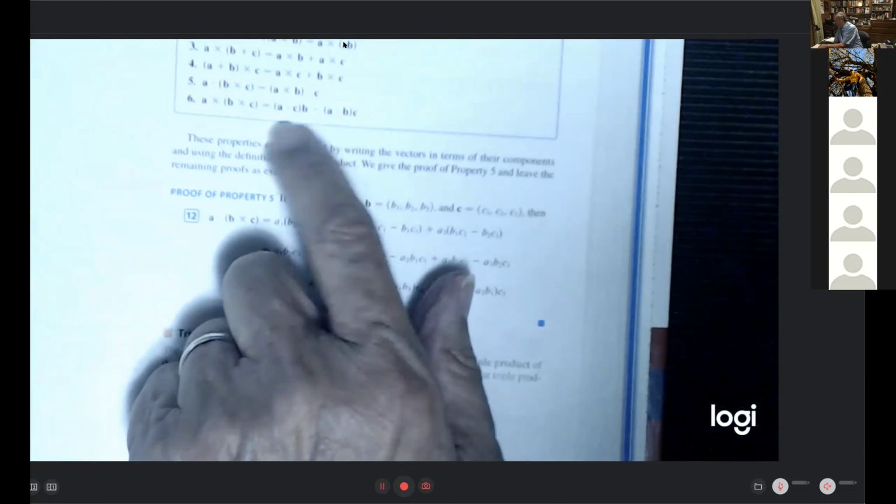When you take the cross product of a cross product, you get a vector. Up here you get a number times a vector minus a number times another vector. So here you get a vector, but above it you get a number. Right, I was talking about the scalar triple product.